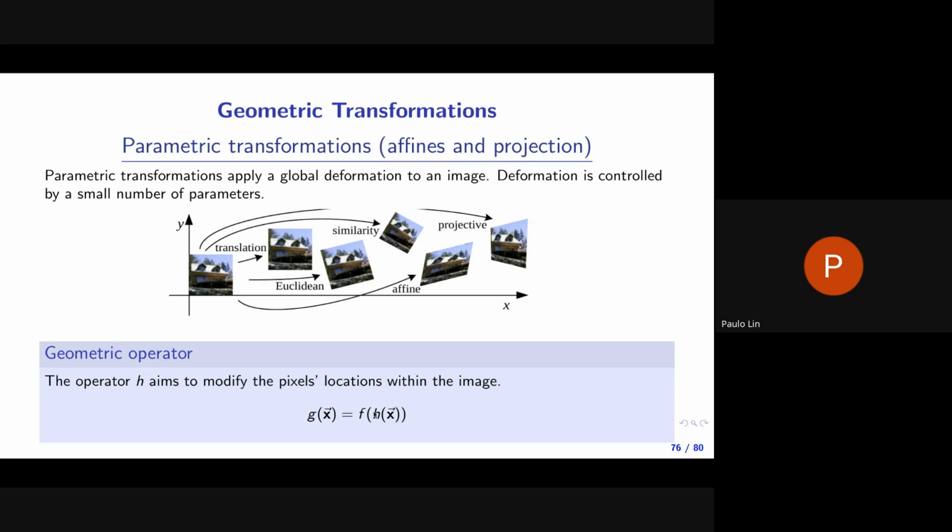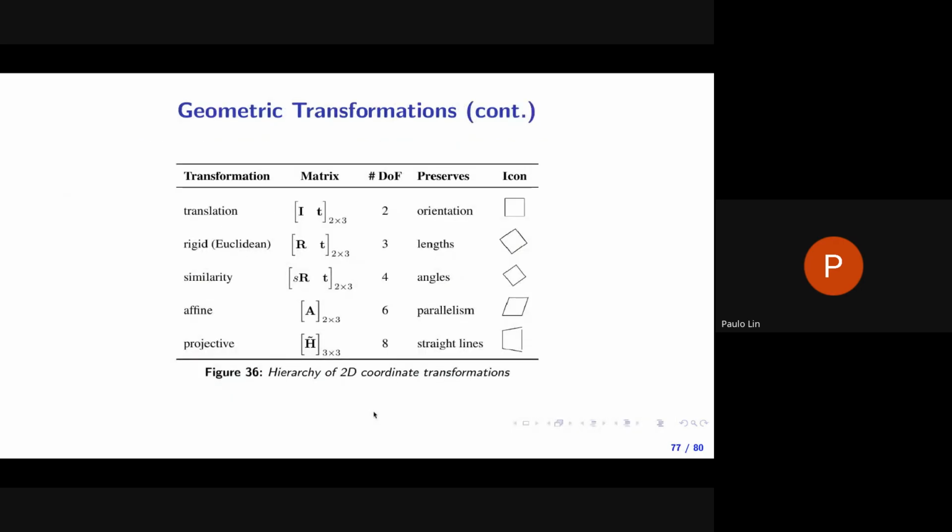And these are the most common global transformations. For instance, we have translation, which preserves the orientation of the image, but just moves the pixels from one part of the image to another without rotating or scaling.